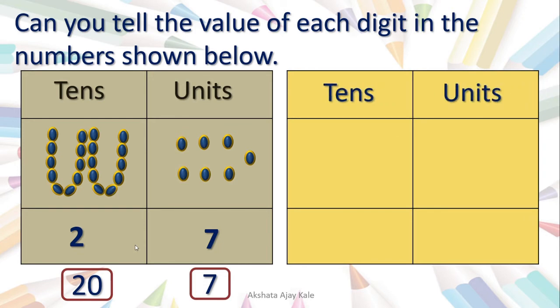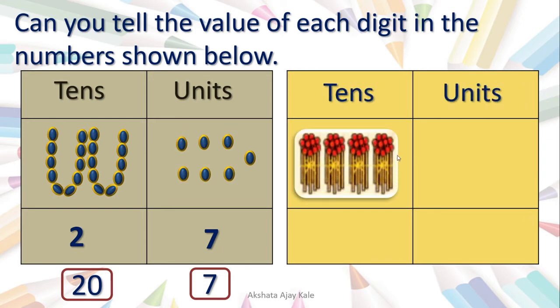See one more. Here we can see the bundle of matchsticks and single matchsticks. How many bundles are there? 4. So we will write 4 tens and 6 singles. So we will write 6 units. Okay, what is the value of 4 and 6?